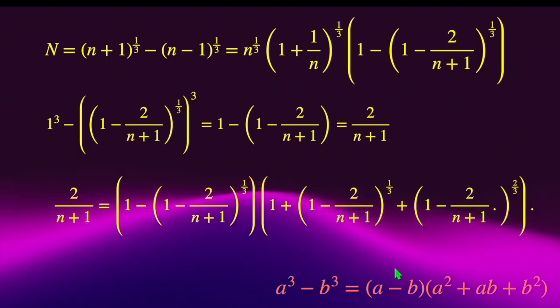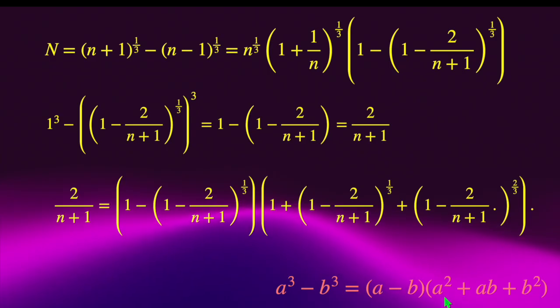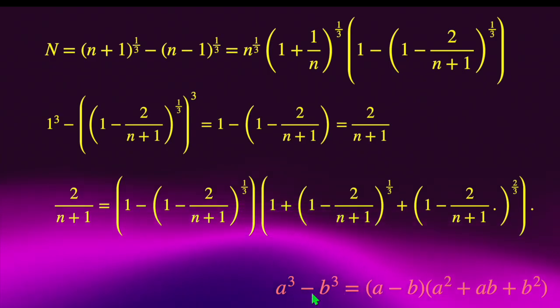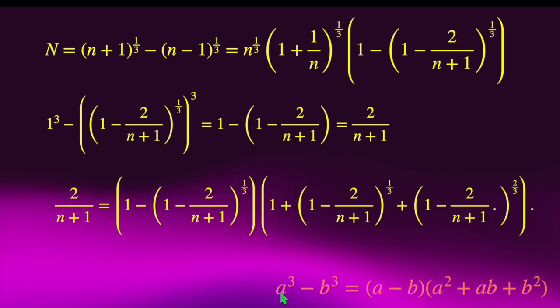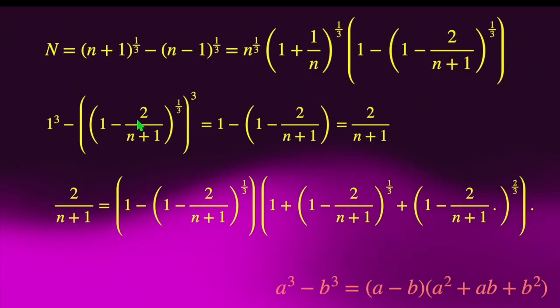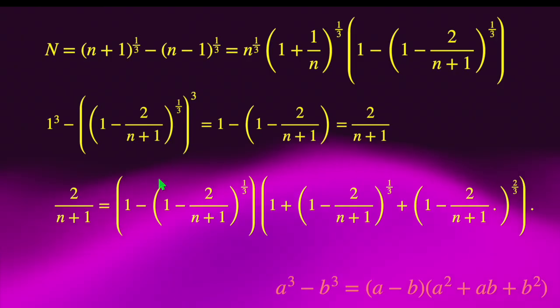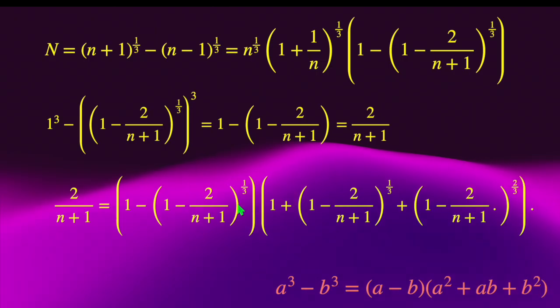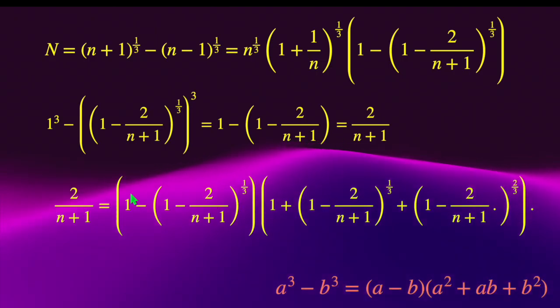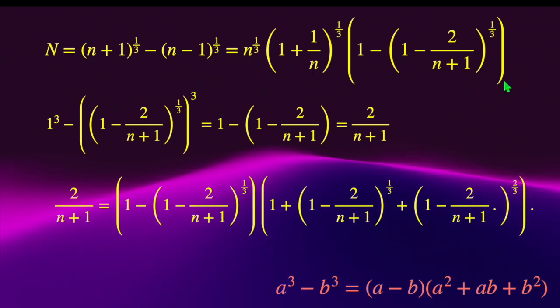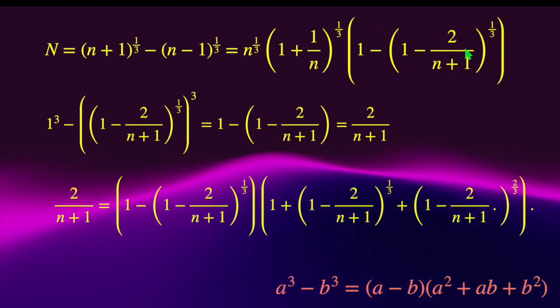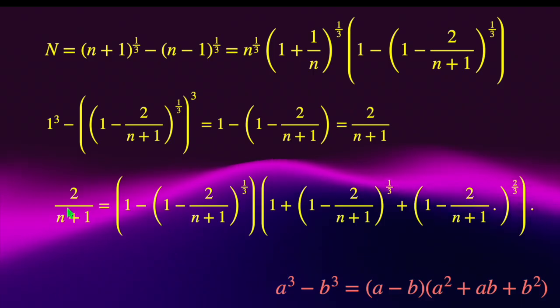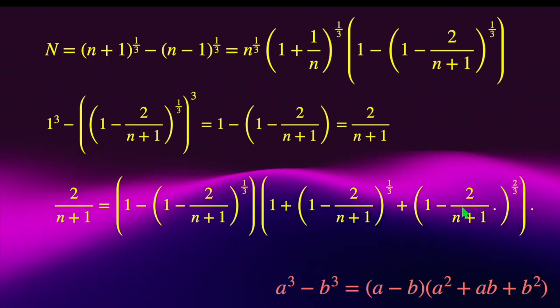So we have just used this algebraic identity by taking a equal to 1 and b equal to (1 minus 2 over n plus 1)^(1/3). And now we are done, because now we can compute this quantity. This quantity is just this one over this one.